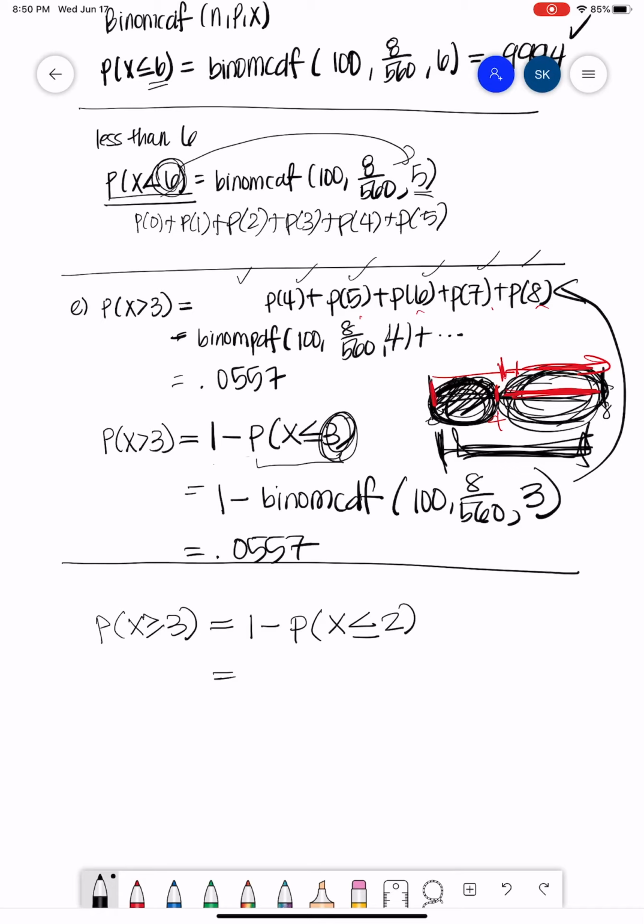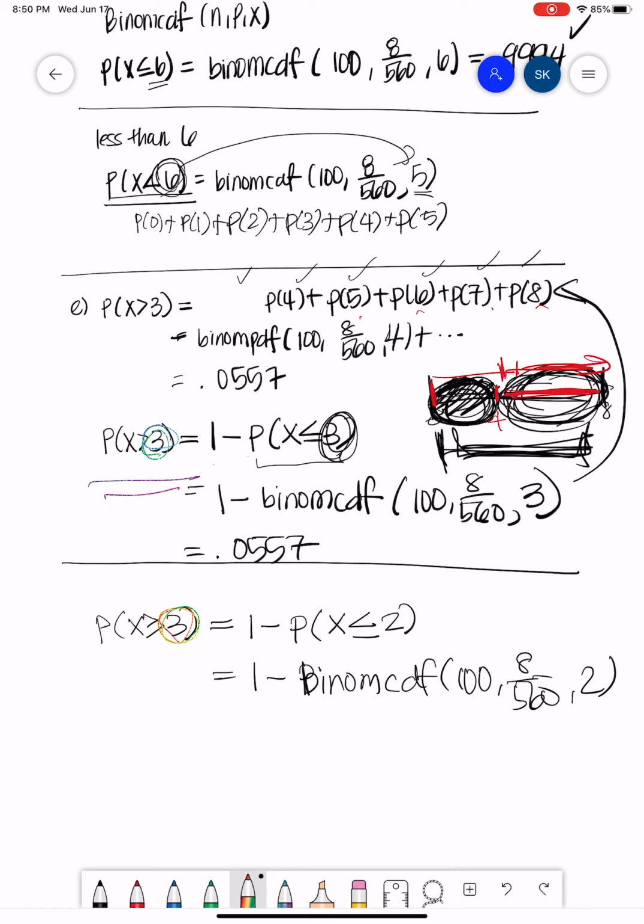So in this case, you will have binom CDF, and the last number will be 100, 8 out of 560, comma 2. So even though you see the 3 here and then the 3 here, these two mean different things. It's very tempting to see the 3 and put 3, but 3 is not correct. It will be 2.